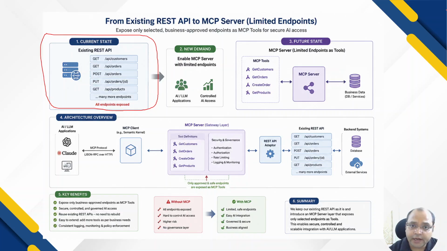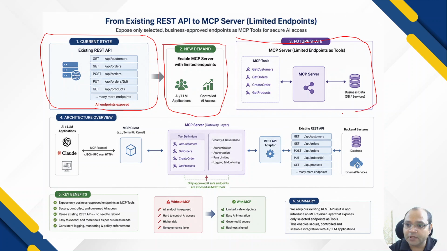We will add an MCP layer which calls our REST API, and we have limited endpoints on that. So let's say if I build an MCP server, then I expose only some or the required endpoints, not the full set. How does it start working? For example, here you have an AI agent. It could be Claude, GPT, your VS Code, or your custom AI agent.